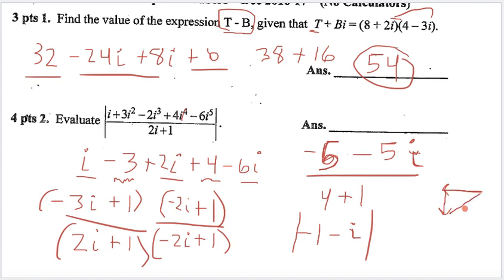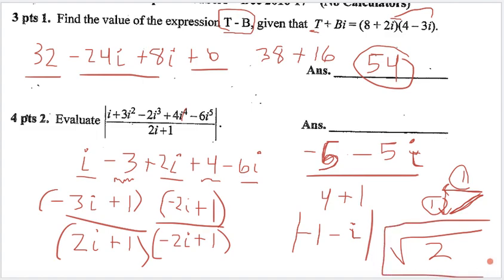So what's this magnitude? It's like a 1 and a 1. 1 squared plus 1 squared equals the hypotenuse squared, and we're going to take the square root of that. 1 squared plus 1 squared is 2. So it comes out to the square root of 2. That's how you do magnitude.